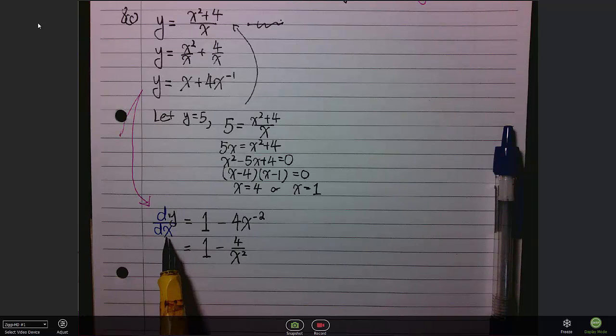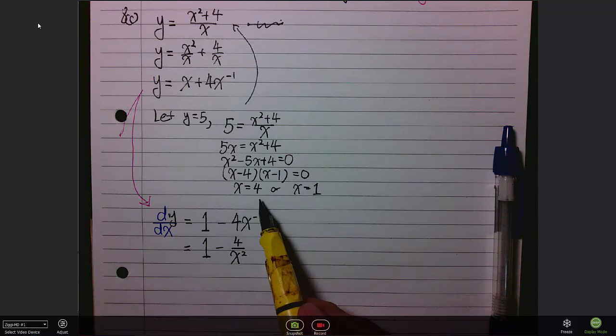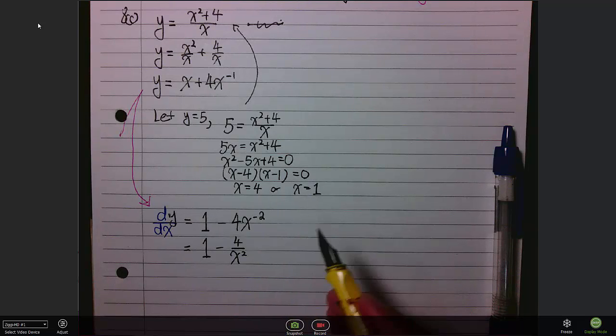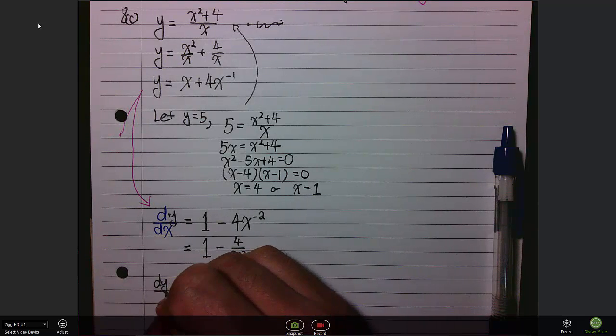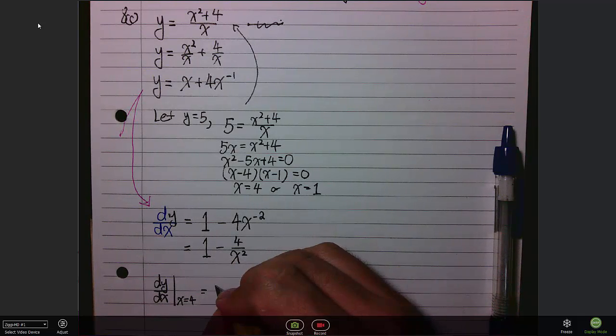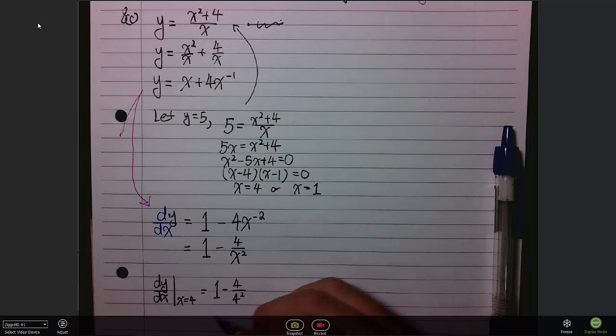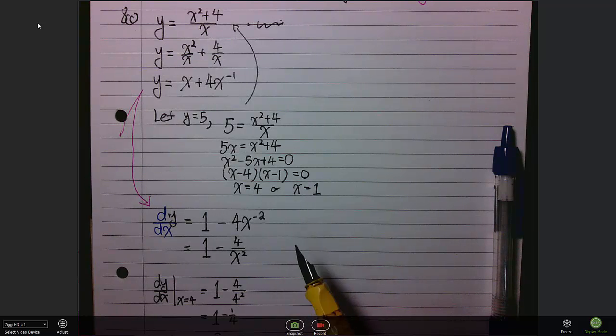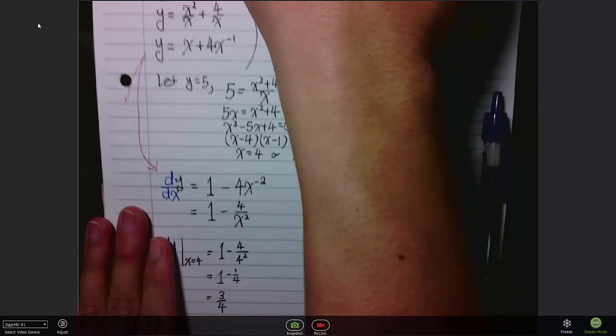As I said, this is my first derivative. I have differentiated y once, and my first derivative gives me the gradient. How do I find the value of the gradient? So far I got values of x, 4 and 1. If I substitute x equals 4 into dy/dx, I get 1 minus 4 over 4 squared. 4 over 16 is 1/4, so my gradient when y equals 5 and x equals 4 is 3/4.